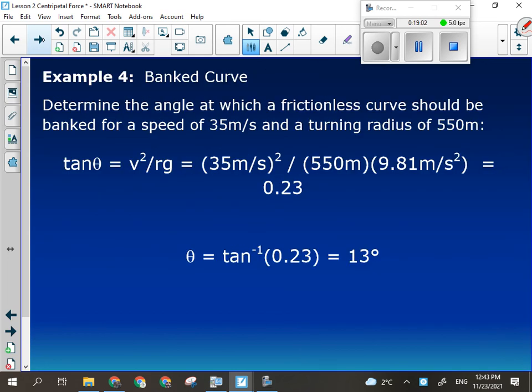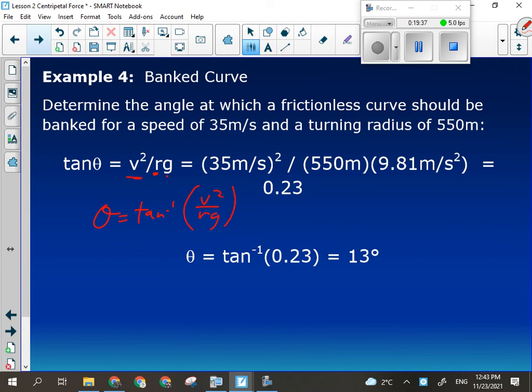Okay, so if we wanted to determine the angle at which a frictionless curve should be banked for a speed of 35 meters per second and a turning radius of 550 meters, okay, we would just use this formula. All right, so we know v is 35, we know r is 550, we know g is 9.81, okay, so we would just manipulate so that we would have theta equals tan to the minus 1 of v squared over rg.